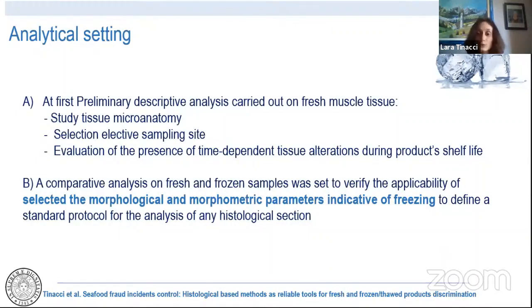That was set to verify the applicability of certain selected morphological and morphometric parameters that were indicative of freezing. These were to define a standard protocol for the analysis of any analytical histological section.